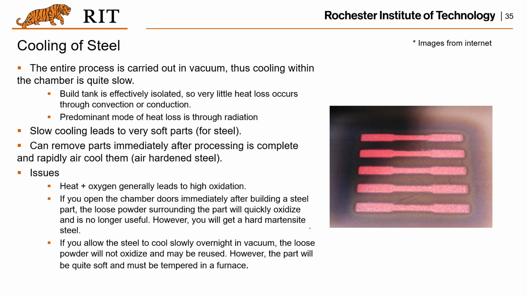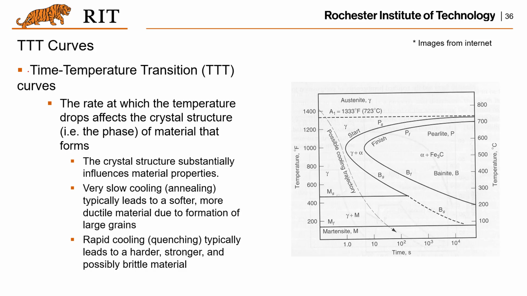Another point is the cooling of the steel material. How fast you cool the material will affect the mechanical properties of the part a lot. Basically, you need to look at these time-temperature transition curves.